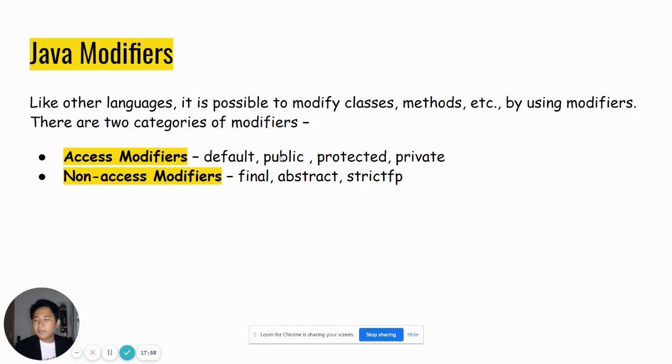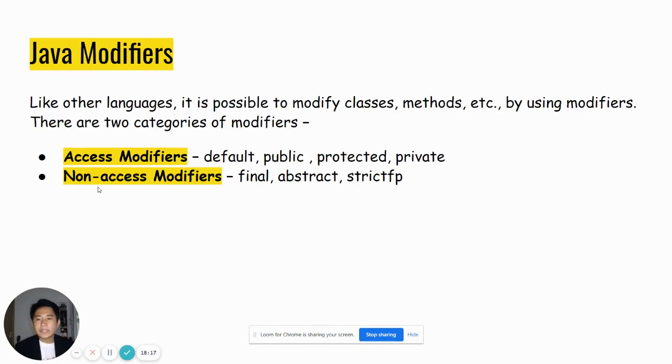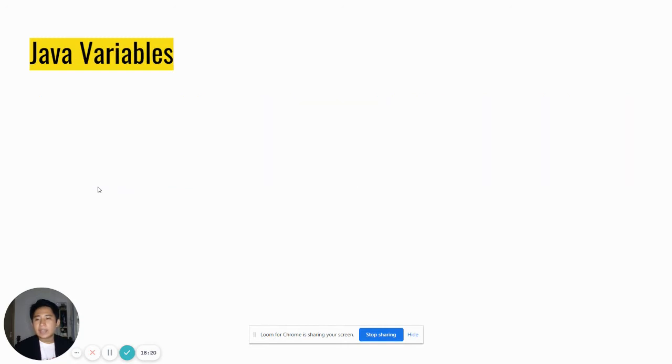But if you use final or abstract, that is a non-access modifier. You cannot modify your classes or your methods anymore if you use final, abstract, or strictfp. So that is modifiers: we have access and non-access.